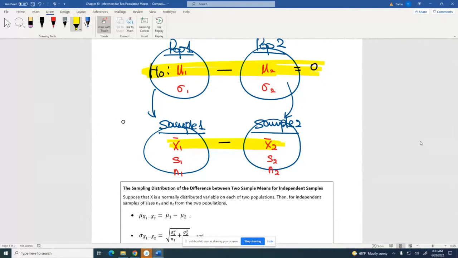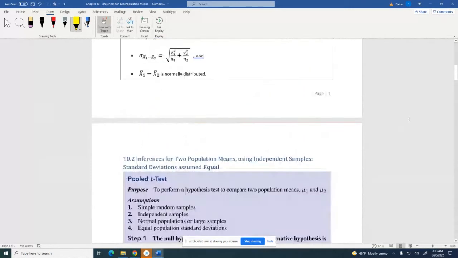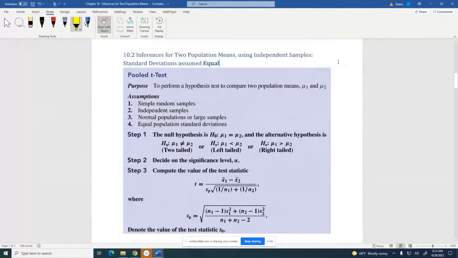I told you, in the null statement, always an equal sign. What do you expect in the alternative hypothesis? We are going to have 3 inequalities. It's the same. Look at this. Here is the inference for unknown means. Don't forget unknown.